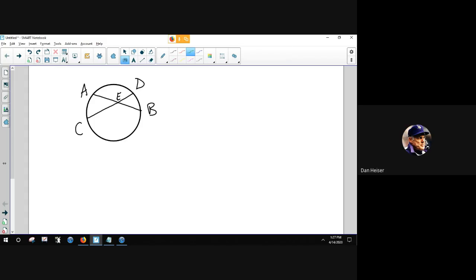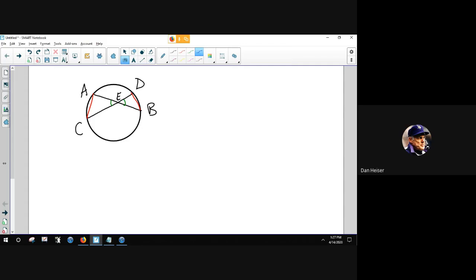So we have four individual segments that are created when these two chords intersect. Start dissecting this a little bit. Going to connect these points. Going to connect CA and DB. By doing so, I've created two triangles. We know that these two angles are the same.